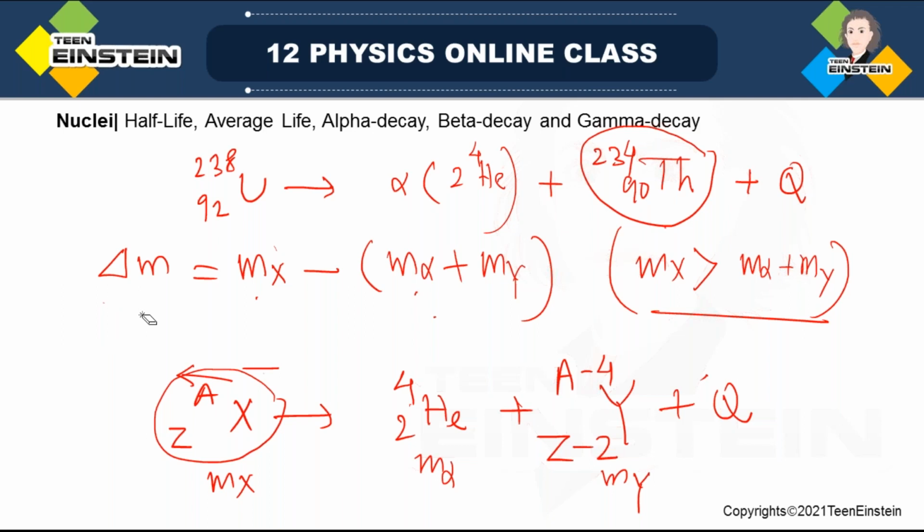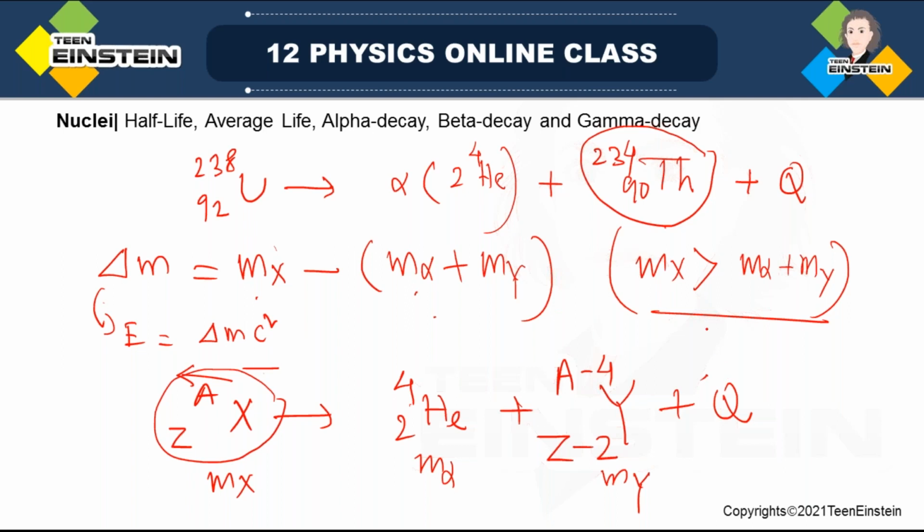According to Einstein's mass energy formula, it will be converted to energy, and that energy will be shared by the daughter nucleus and the alpha particle as kinetic energy. That's why they are released with certain kinetic energy because of this Q value.